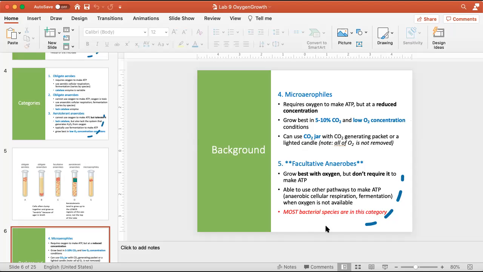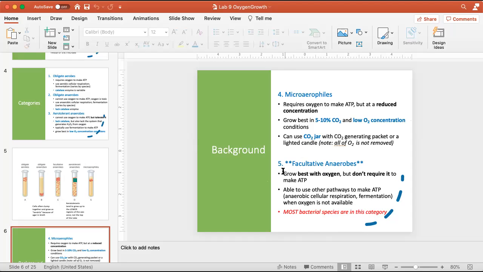Now, the last category on the list is called the facultative anaerobe. So this is yet another anaerobe. The term facultative is the important term here. This term means an organism that can sort of adapt to its environment.